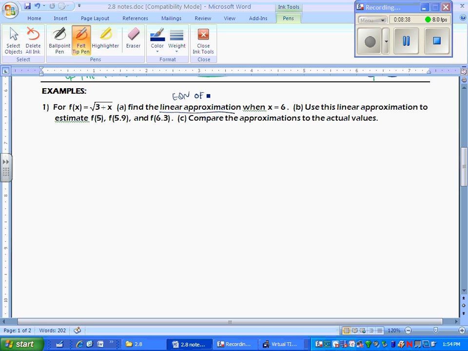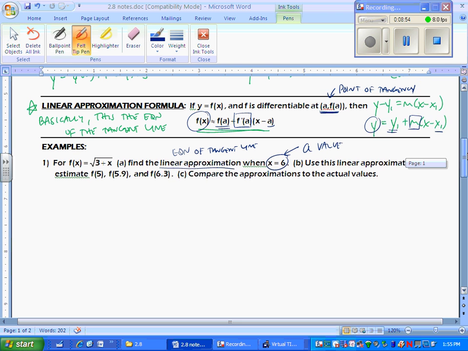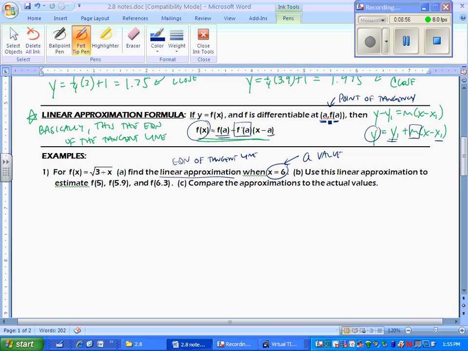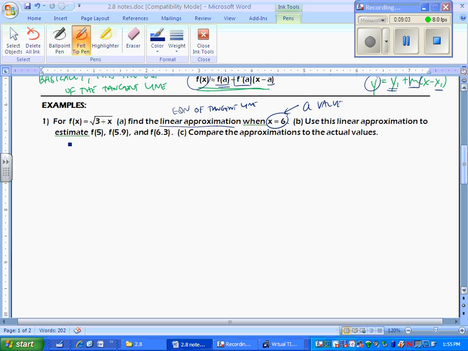It's really basically the equation of the tangent line at x equals 6. So this x equals 6, this right here is our a value. In our formula, we've got a and f of a. Right? That's the point where it's tangent. So in our problem down here, the a value is 6.